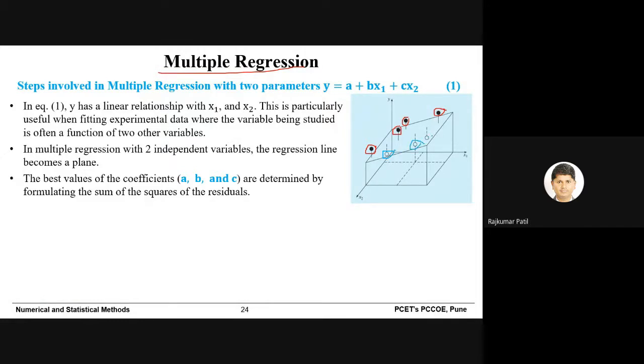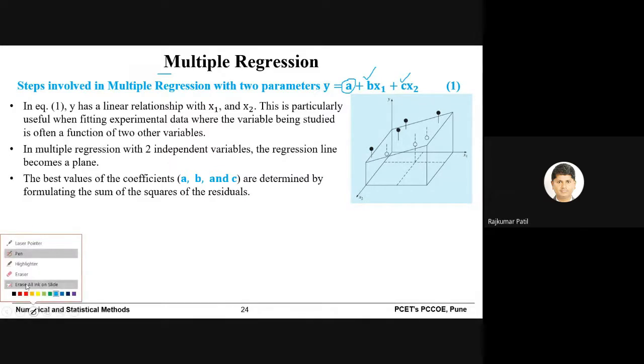These are the 3 points which are below the plane, and we draw a plane in such a way that the distance between the plane and these data points must be minimum. And our role is to find out the coefficients A, B and C such that there will be a case of least square regression, and in this case least square multiple regression.